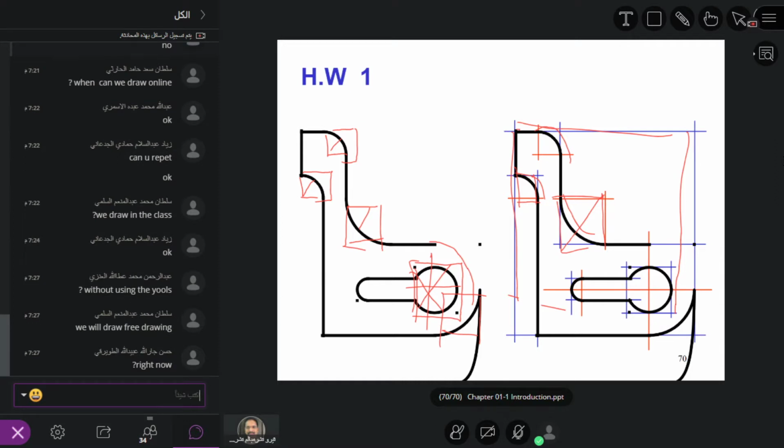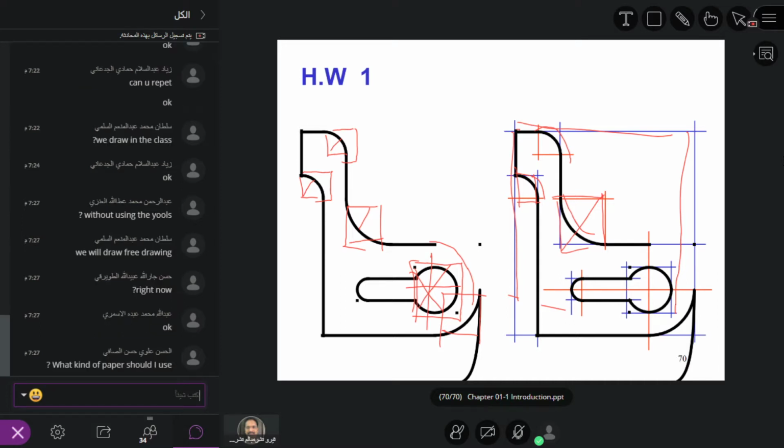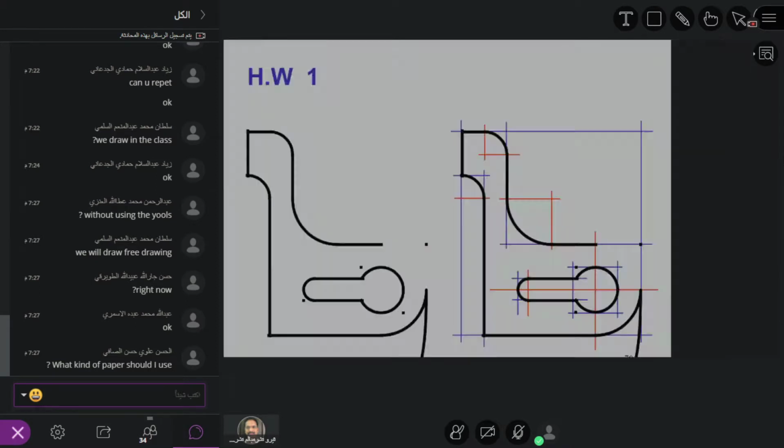You don't need to submit, but you draw, and if you have any doubts, ask me. Now, start. Any paper. No grading, just for your exercise. Start drawing, and if you have any doubts, let me know.